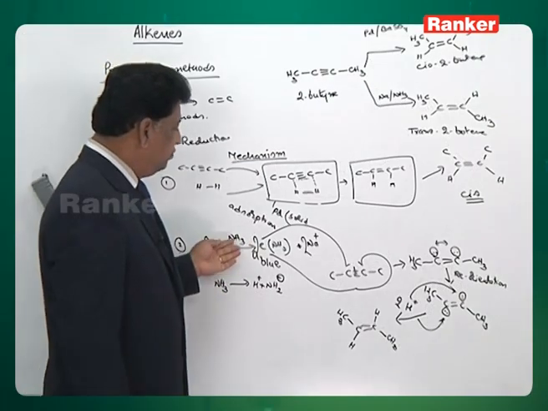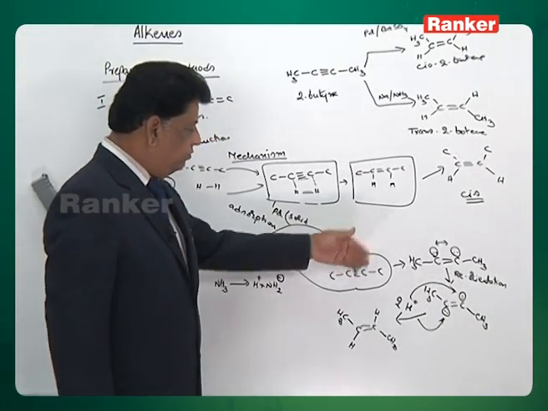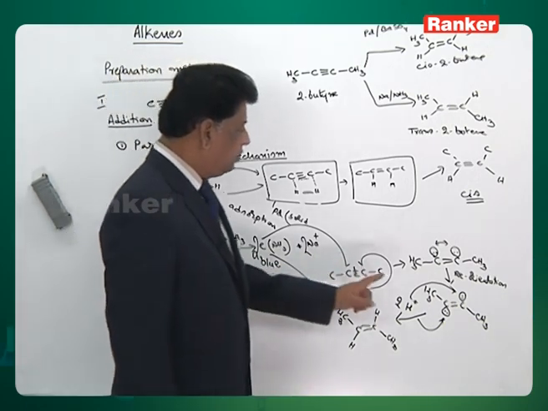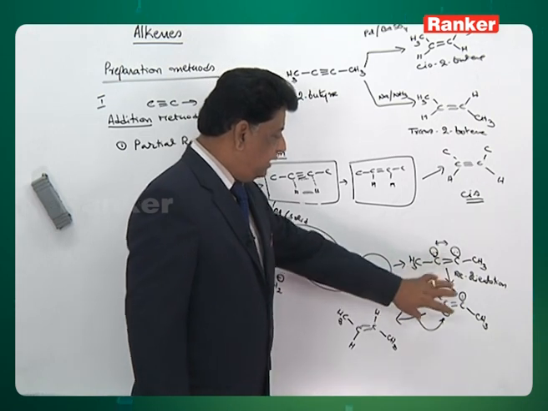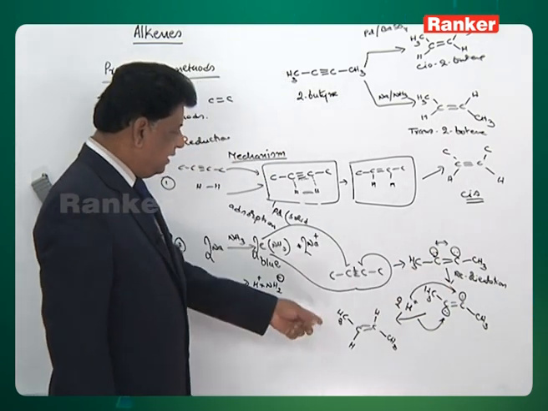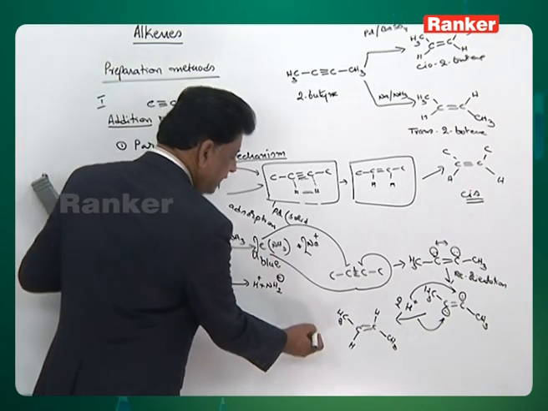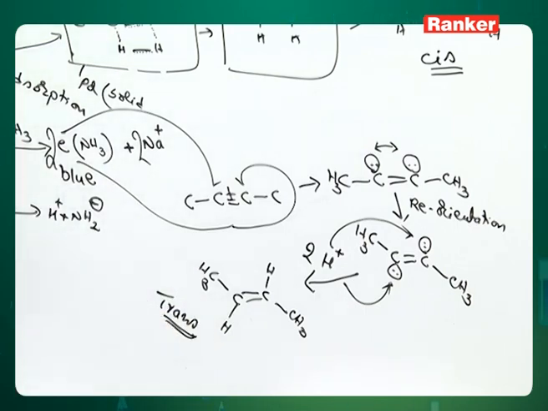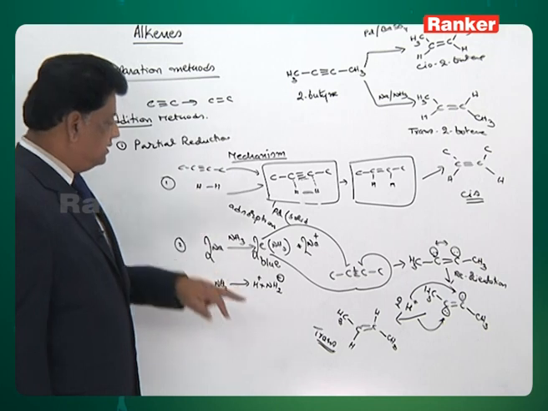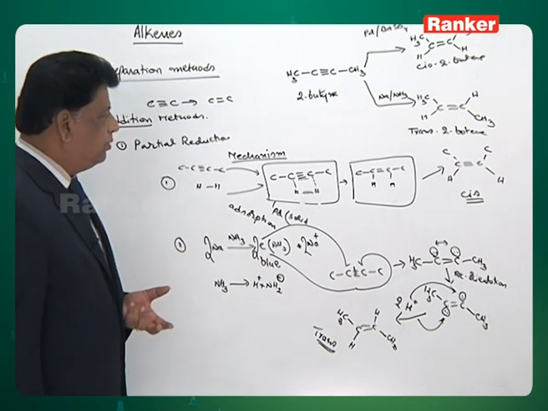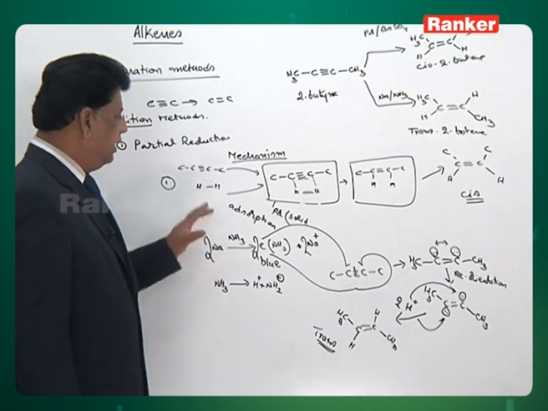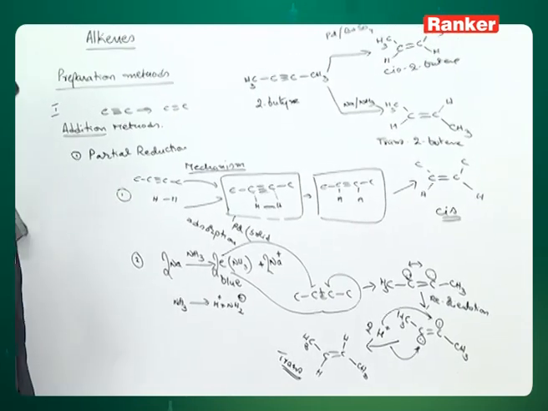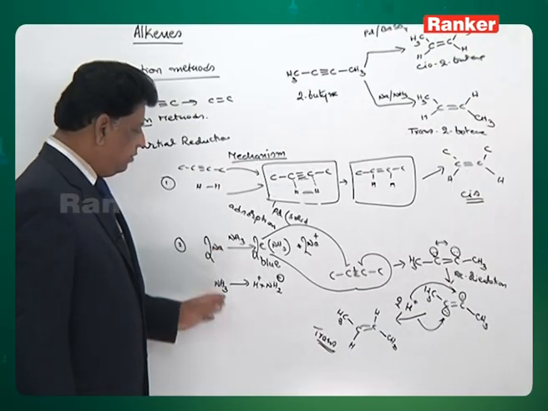So first electrons are added, followed by protons: electronation followed by protonation. After electronation, because of the repulsion, they reorient and the protons are added. Consequently, what you get is a trans compound. A small minor product may be formed, trans in the first process and cis in this process, but the major compound is present to a high percentage. When you use Lindlar's catalyst, exclusively cis-2-butene is formed, and with sodium in liquid ammonia, the trans product is formed.